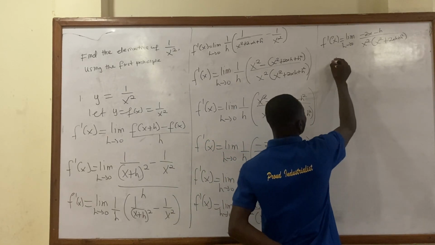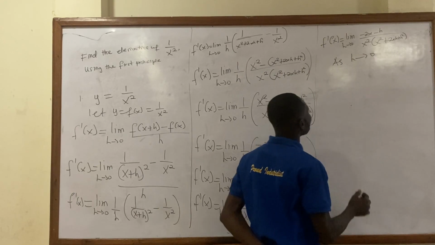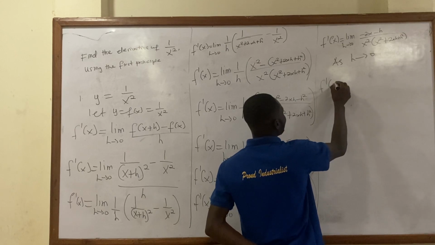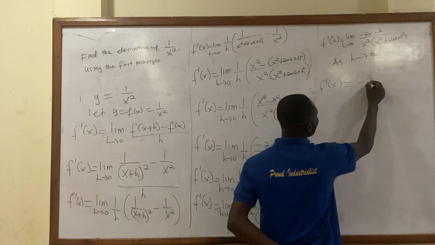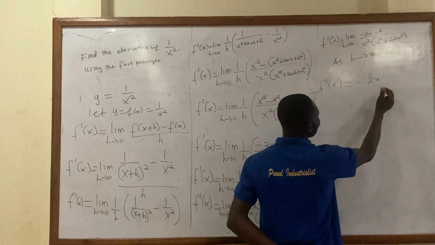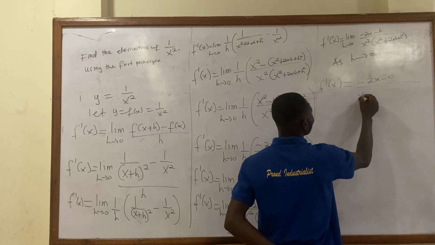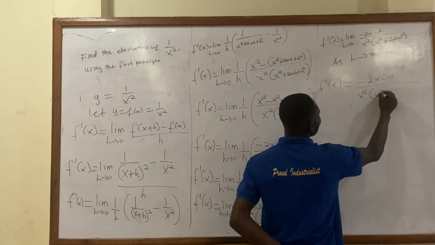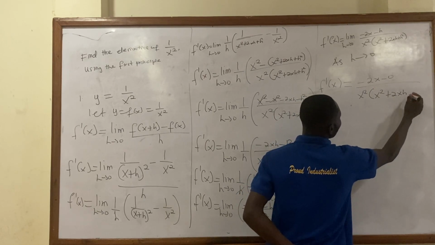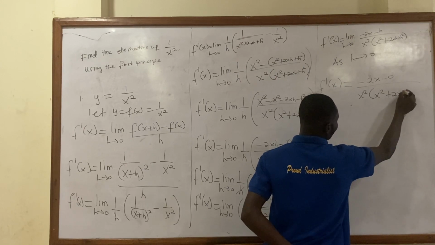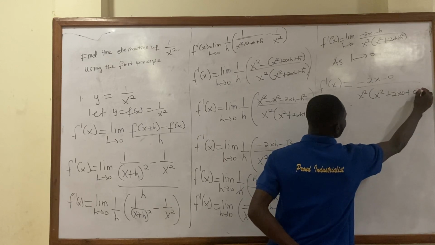So as h approaches 0, we say that the first principle is equal to minus 2x over x squared into x squared plus 2xh, where h is 0, plus 0 squared.